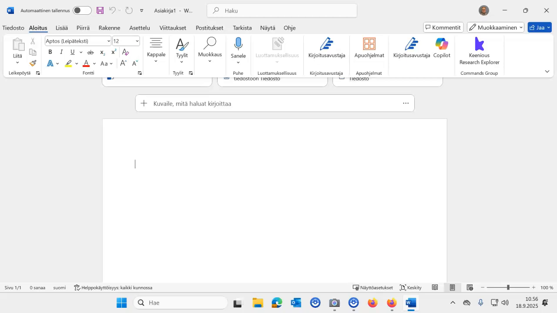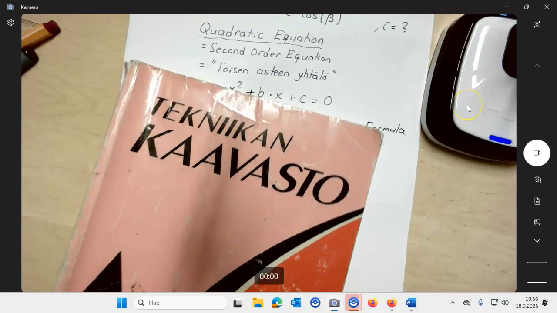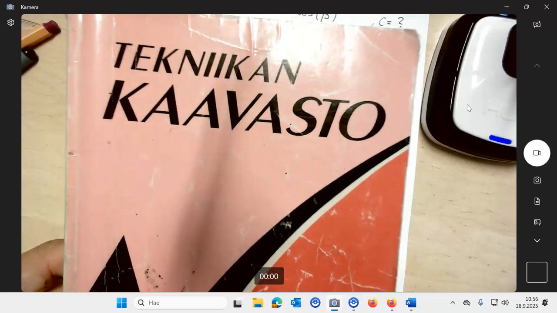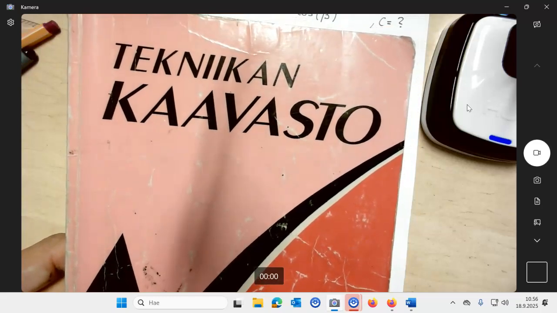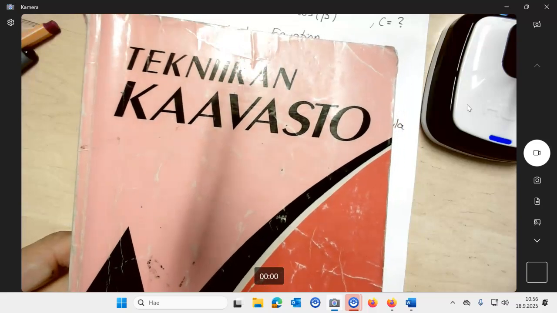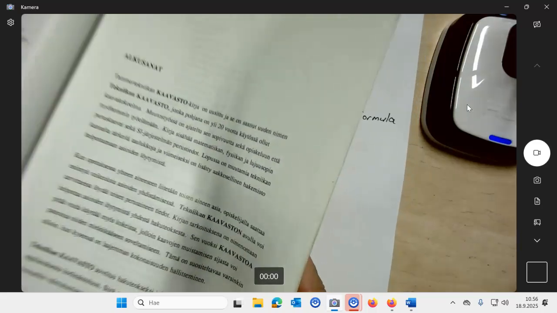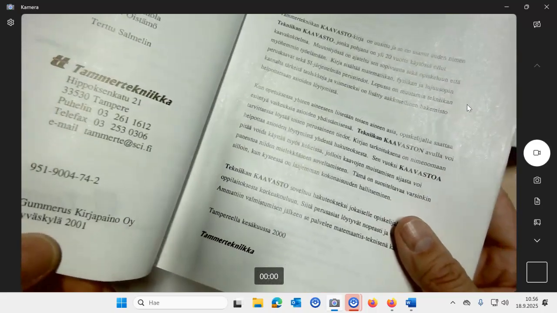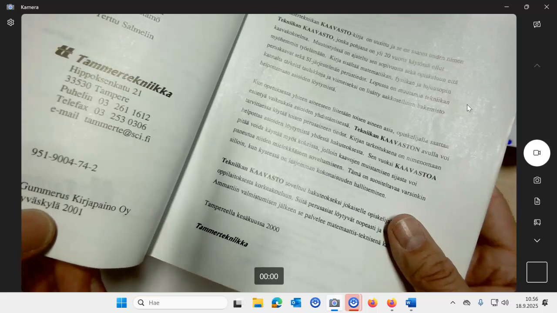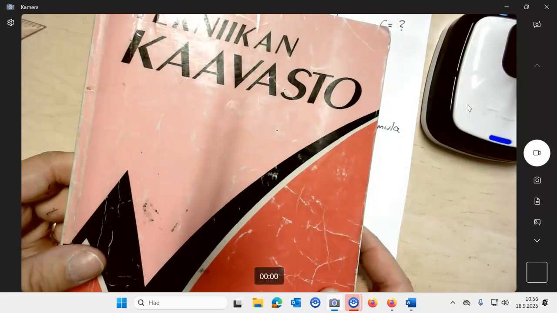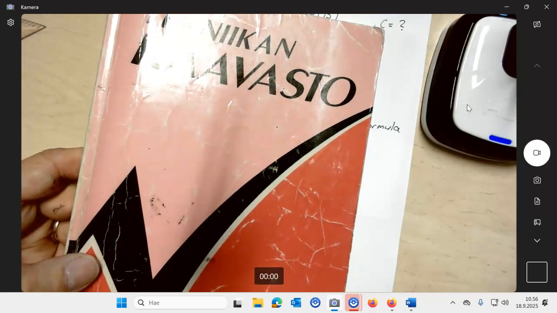It's a good book to have. You may find these books from some flea market or internet stores, and very cheap ones. The year of the book is not so important. For example, this is from the year 2001, and the book has been the same after that and also before that.